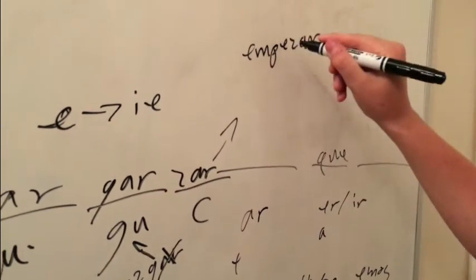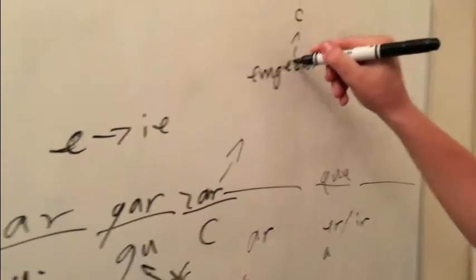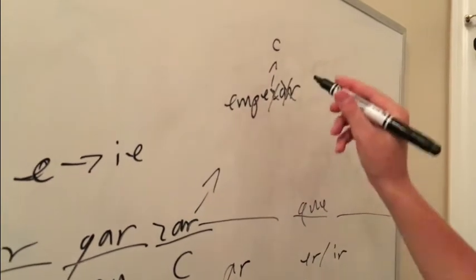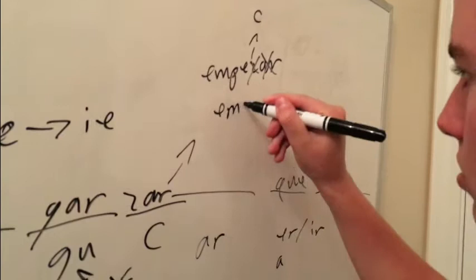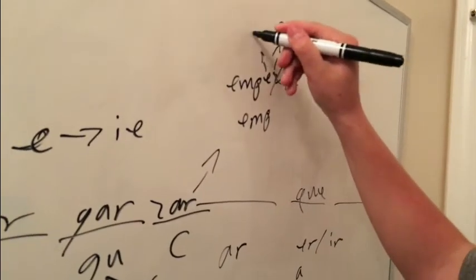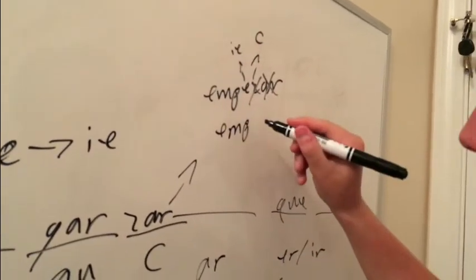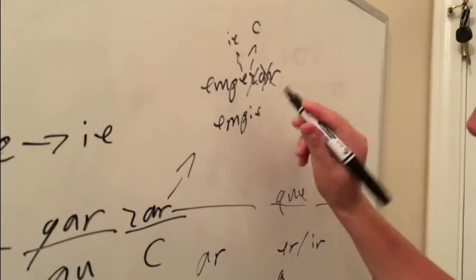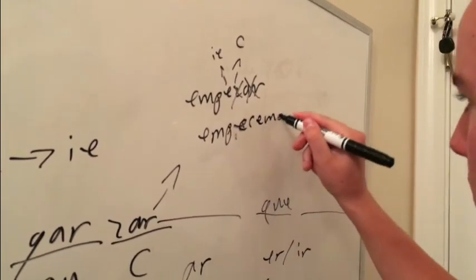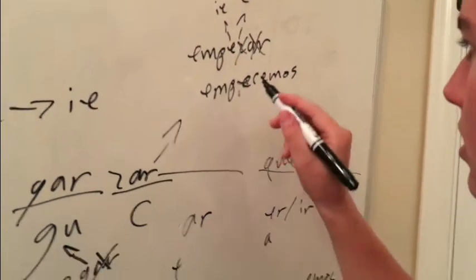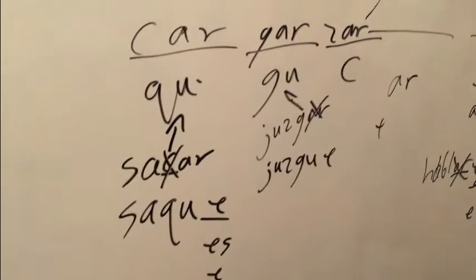Then this Z will change to a C, and you chop off your AR ending and add your new ending. It'd be empecemos, no IE stem change, my bad. It'd be empecemos for nosotros form, for example.